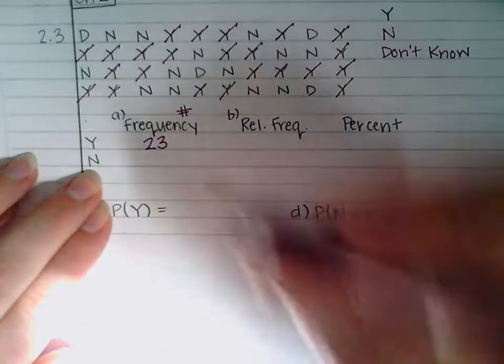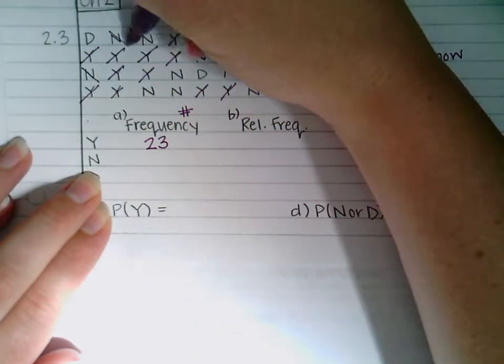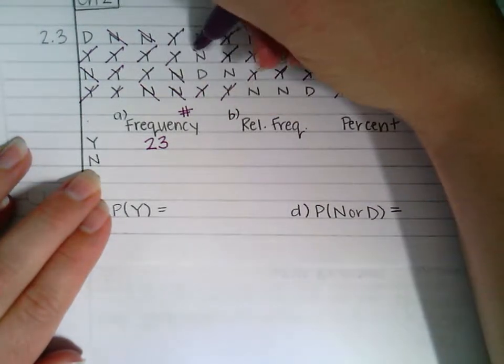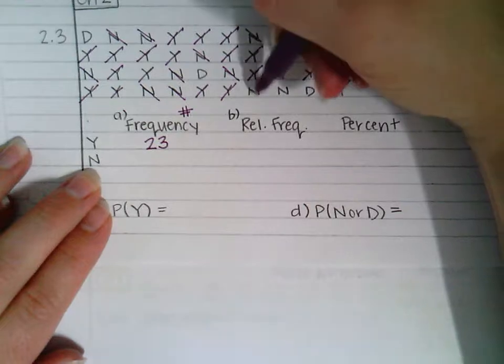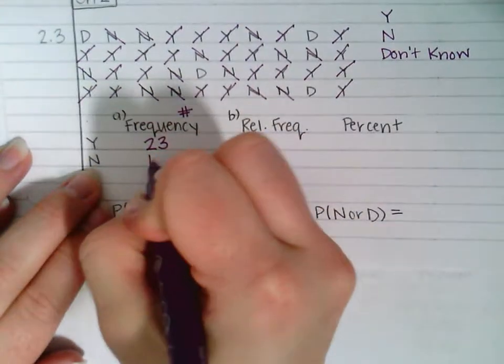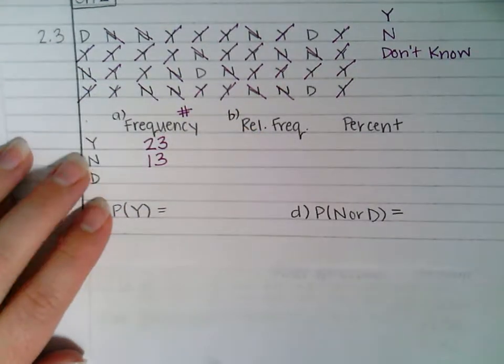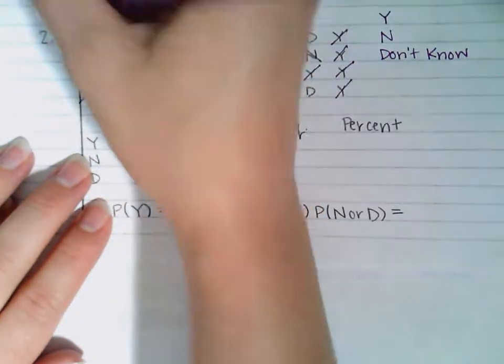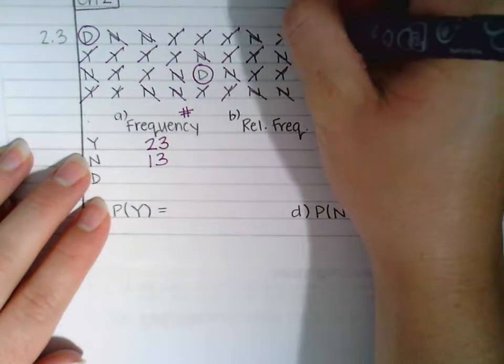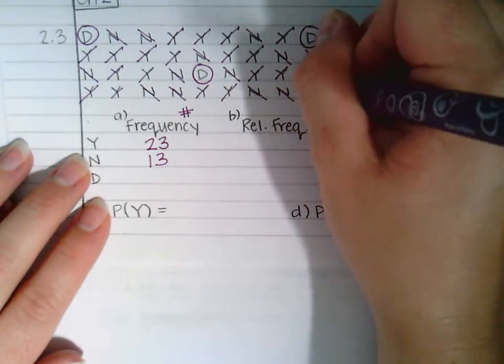Let's count the number of N's there are. 1, 2, 3, 4, 5, 6, 7, 8, 9, 10, 11, 12, 13 N's. And now let's count the number of D's. 1, 2, 3, and 4.